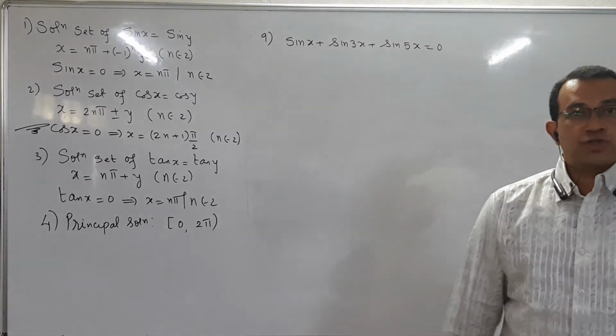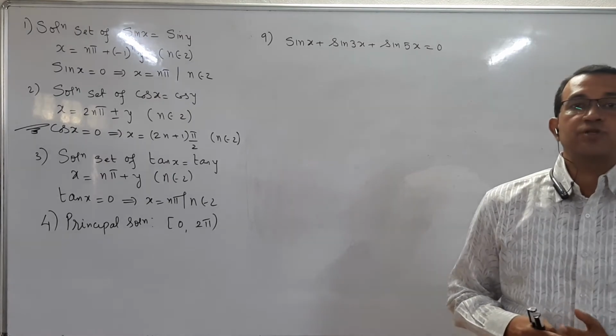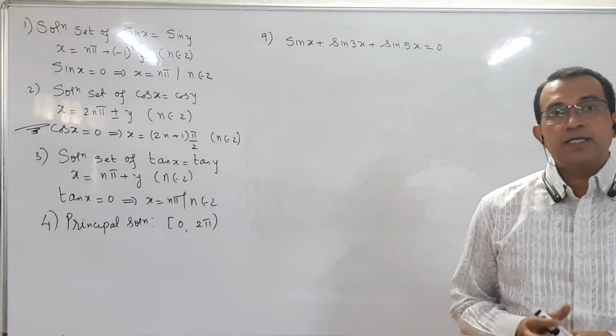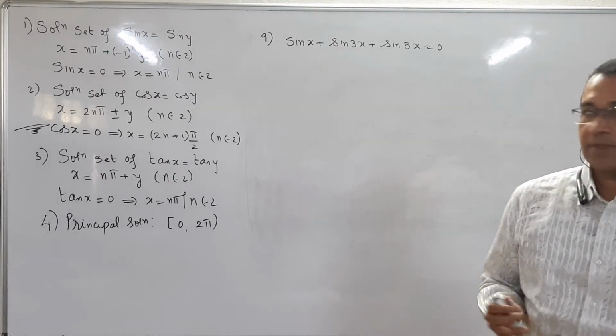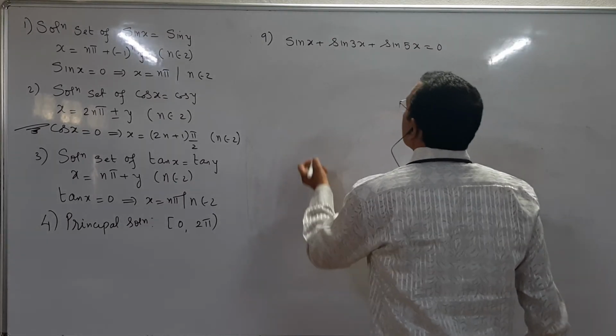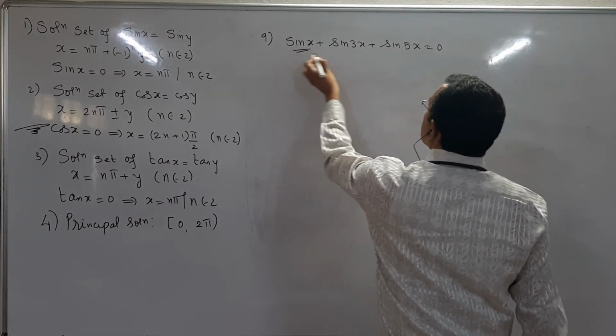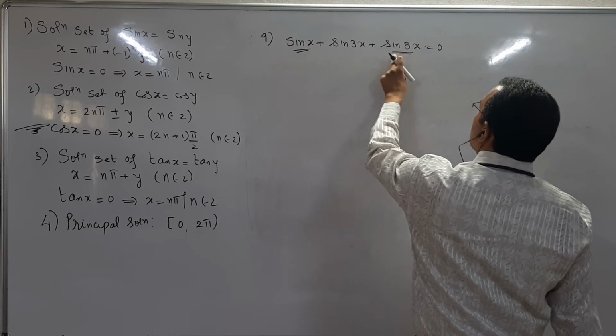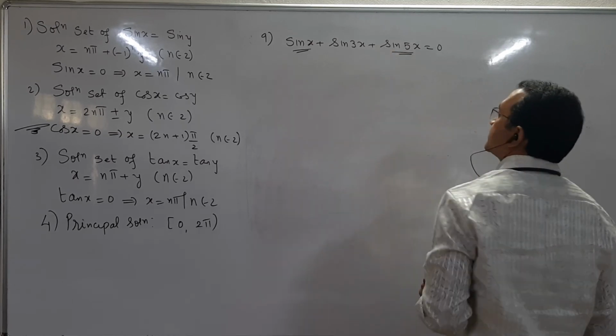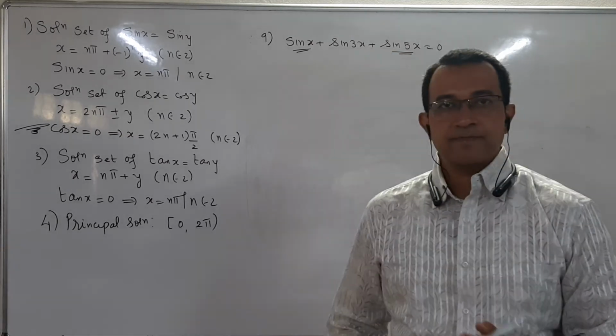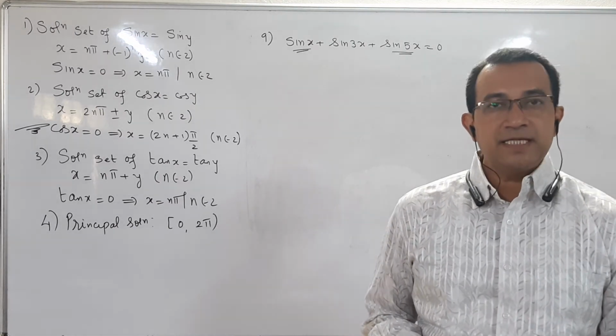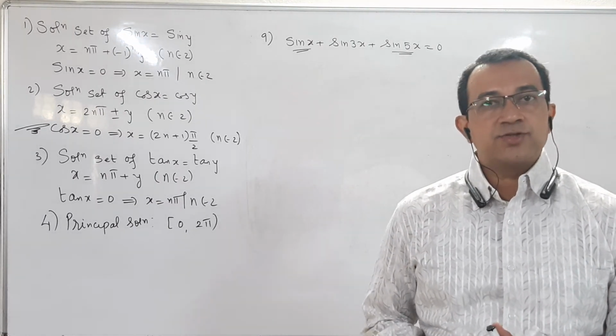What approach directly comes to your mind while doing the sum? Then the logic is here. Apply sine plus sine, which will give you the middle angle. This type of sums we have done, students, in exercise 3.3.